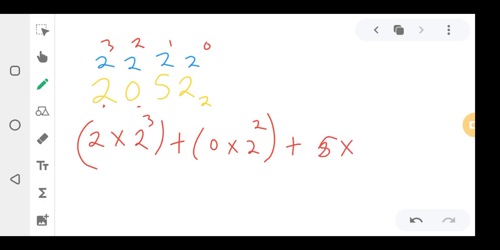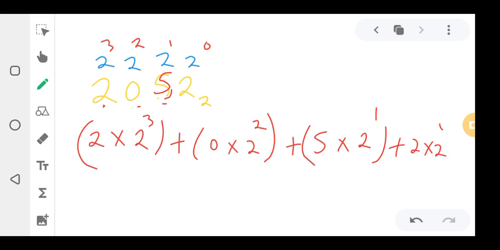5 times, this 5 down here, don't get confused, 5 times 2 to the power 1, plus 2 times 2 to the power 0, in close bracket.